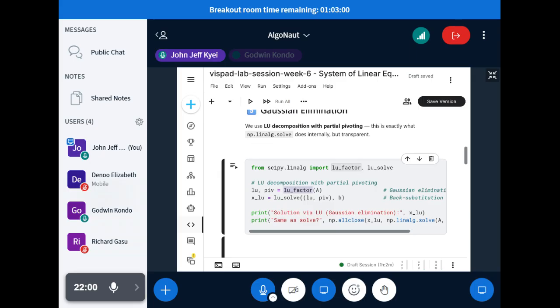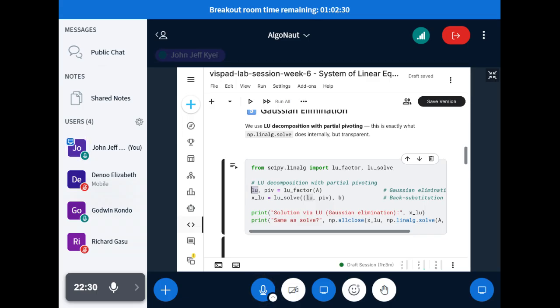So this lu_factor is going to do the separation of the matrix over here. It's going to do the Gaussian elimination and all of that, and store it for us in LU. The second output, the pivots, will contain the pivot indices. Those are the rows that will be swapped during the elimination, just to ensure that it's numerically stable.